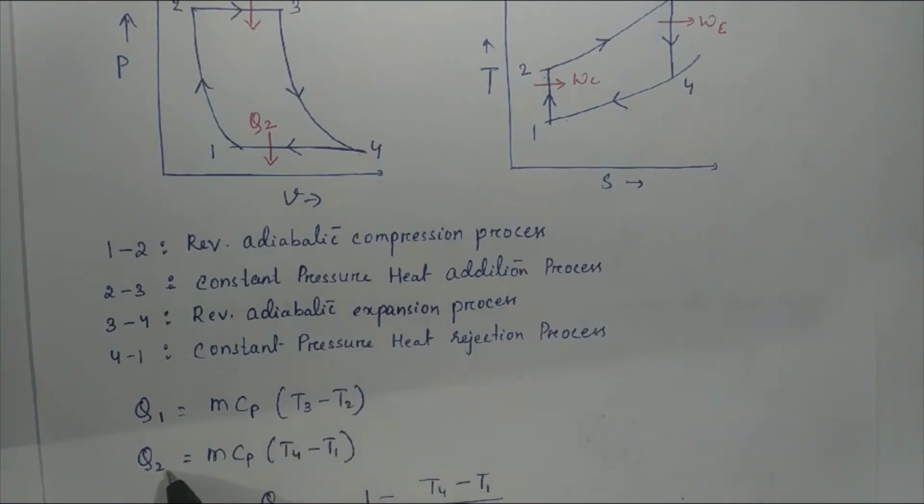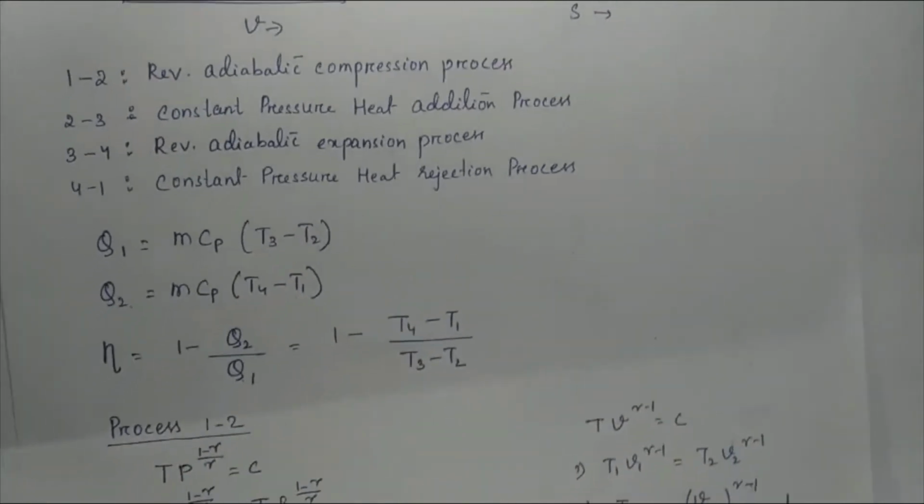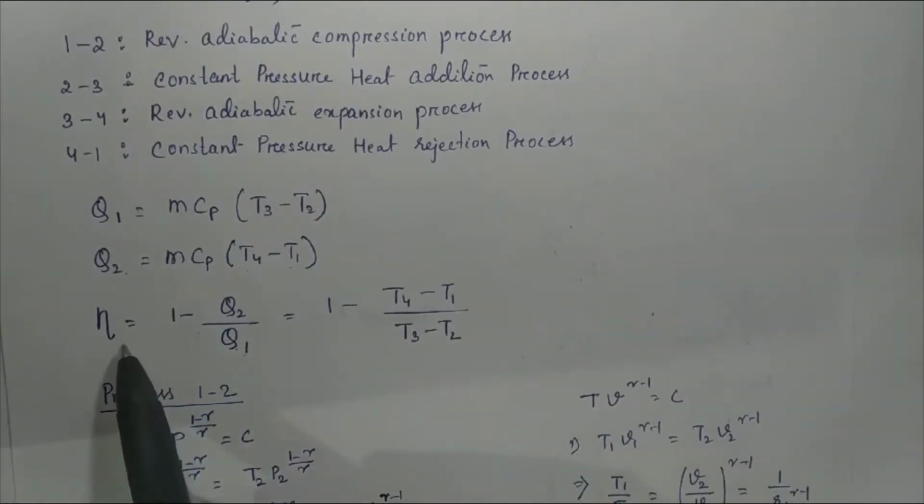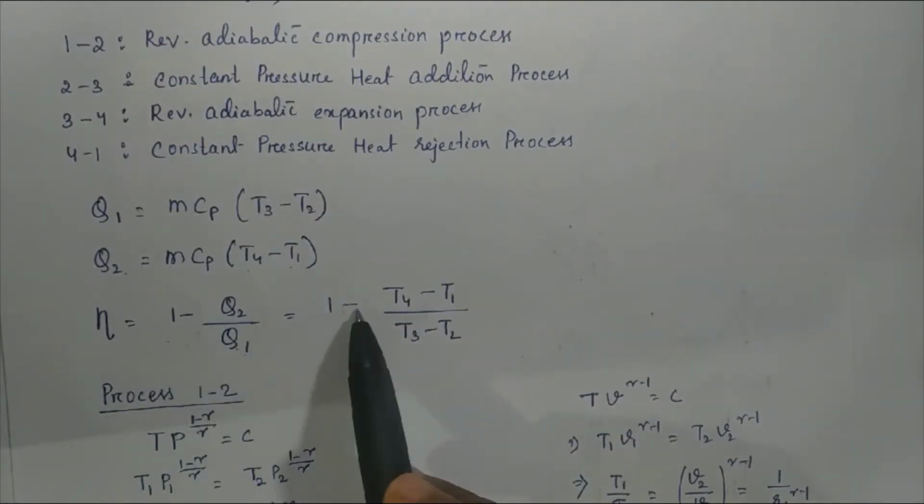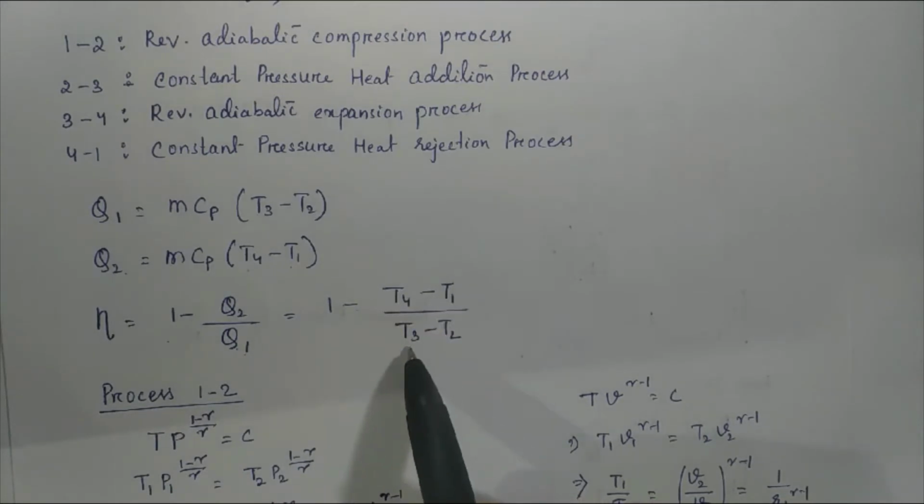Similarly for Q2, that is m Cp del T. Del T is again the change in temperature, as heat is rejected, so the temperature changes. That change in temperature is T4 minus T1. Substituting the values of Q1 and Q2 in the expression of efficiency, it becomes 1 minus (T4 minus T1) by (T3 minus T2).